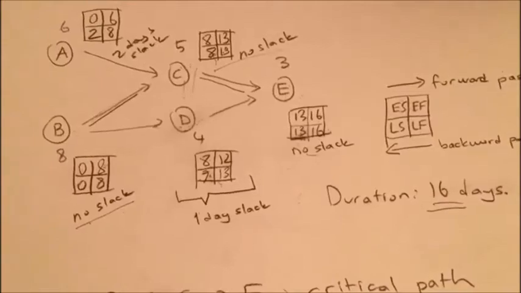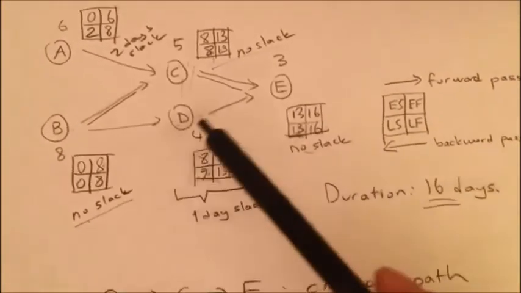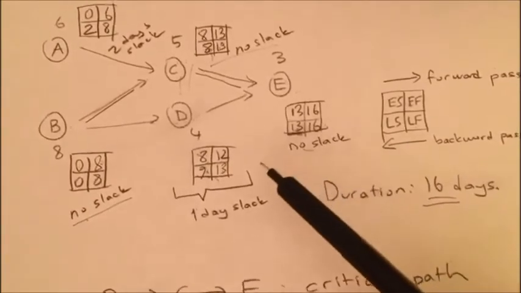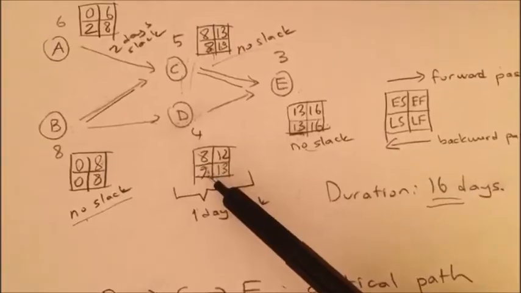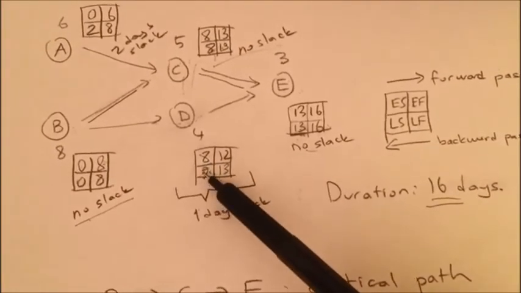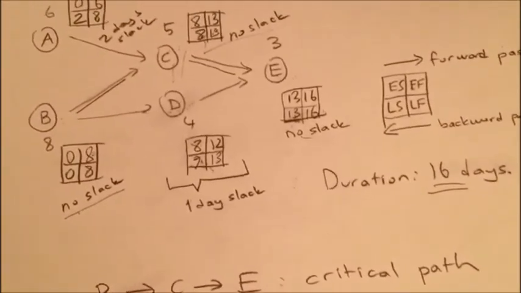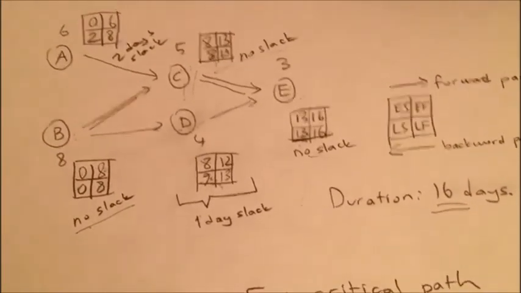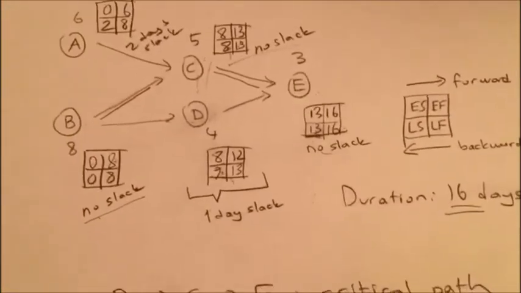E I cannot delay. Only A and D can be delayed. And these delays are sometimes not simultaneous, so you have to be careful. When you delay them, you have to reorganize your activities and take a look at them if there is any problem or any delay in your project.